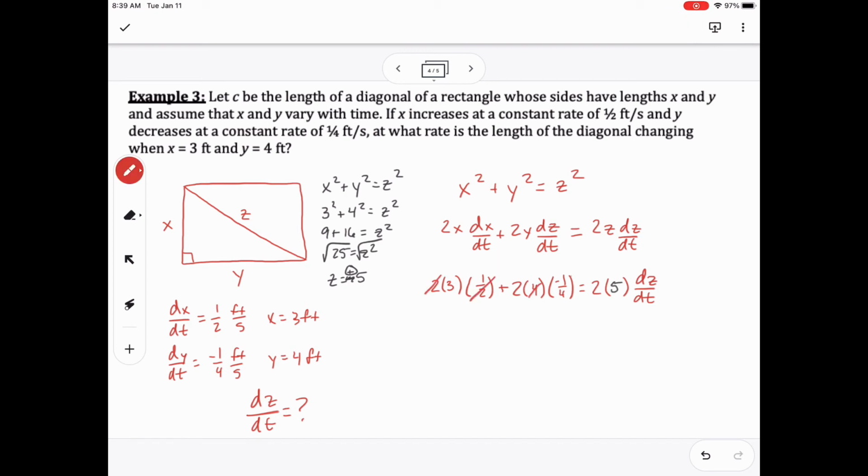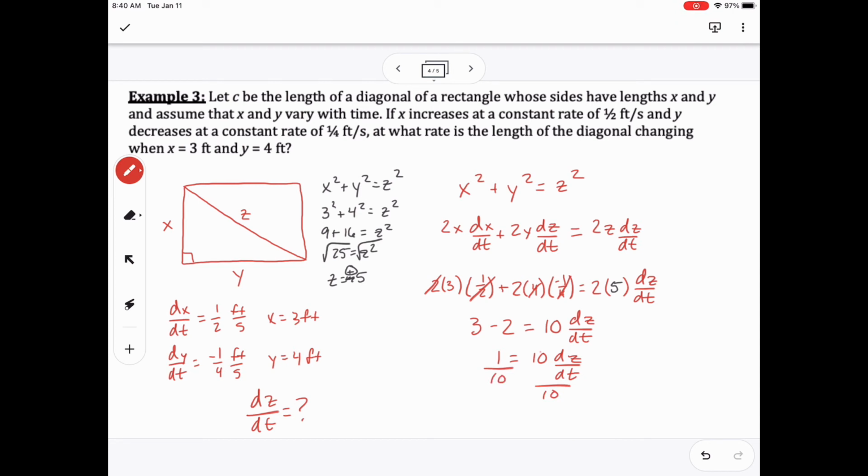So here the 2 and the 1/2 cancel out. 4 and 1/4 cancel out. So it leaves me with 3 minus 2 equals 10 times dz over dt. And then that gets me 1 equals 10 times dz over dt. And I can divide both sides by 10.